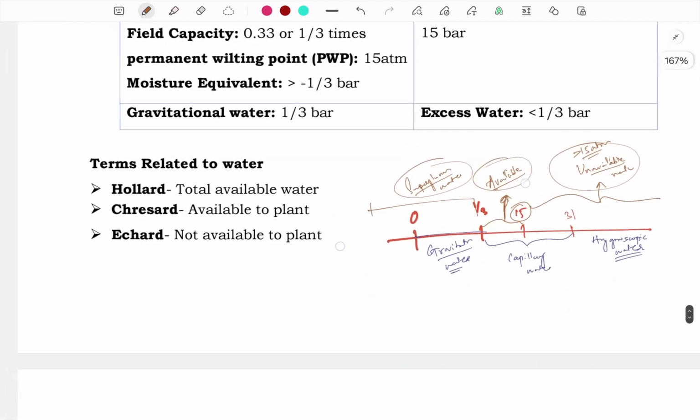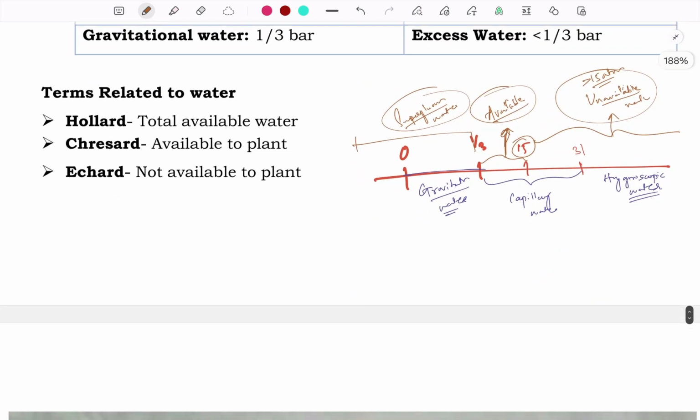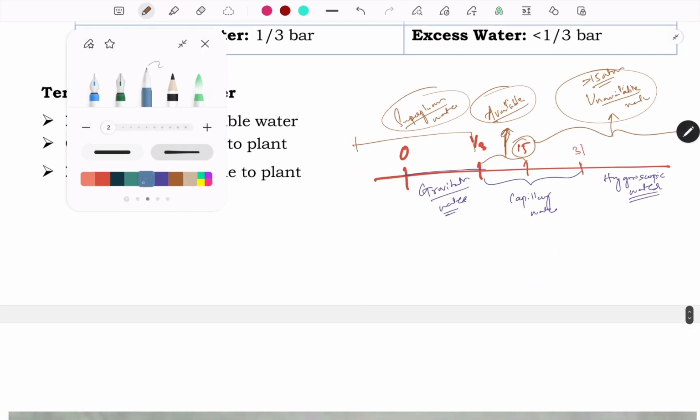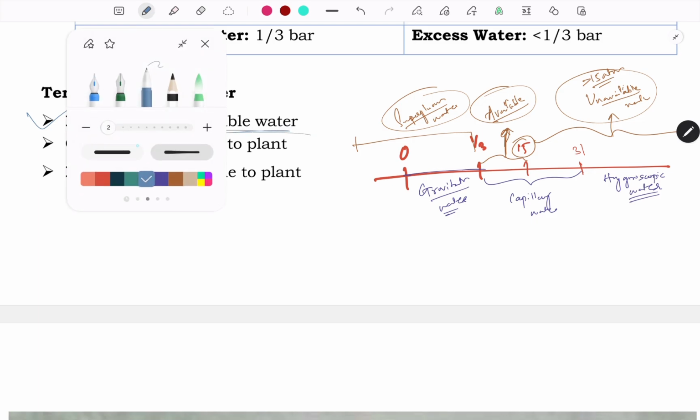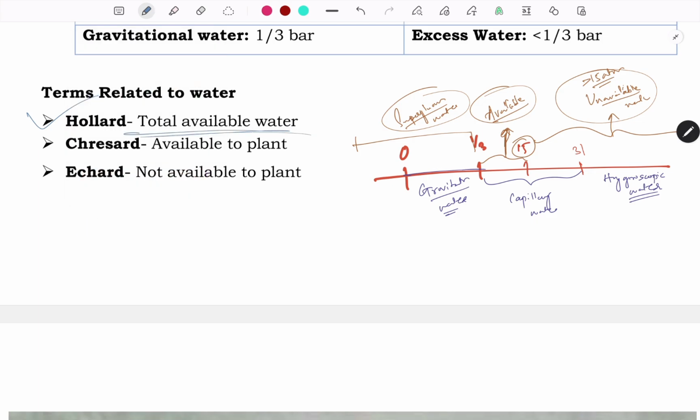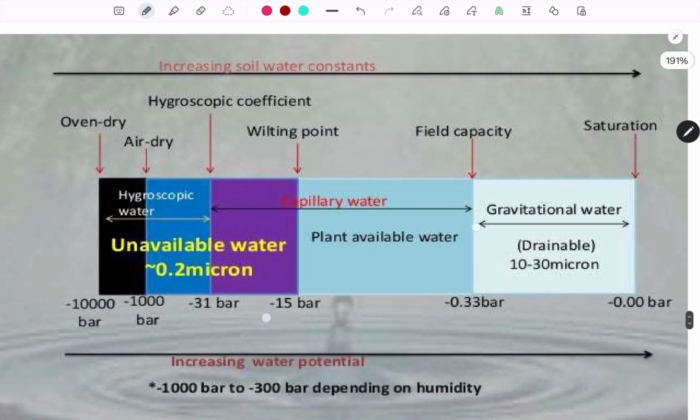You go through once. See, there are some terms here. The halide is nothing but the total water in the soil. The crescite is nothing but the water that is available to the plant. And the ecard is the water that is not available to the plant.